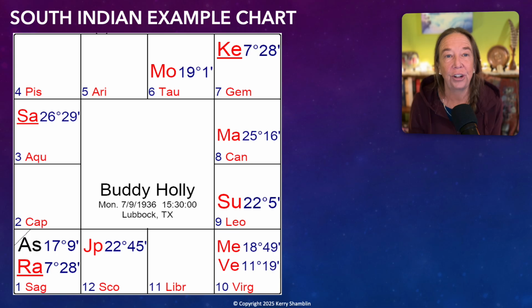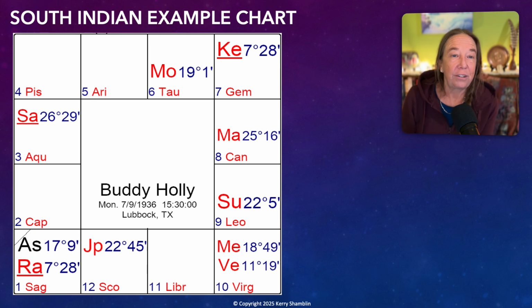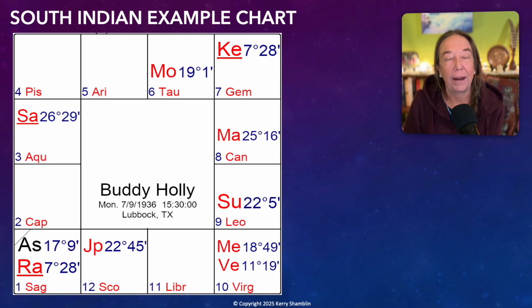In a traditional chart, a lot of things are implied, like all of the signs, but I've written them in there because we're learning. So Sagittarius, first house, he's got that. And then we would go around clockwise to see that the second house has Capricorn, the third house has Aquarius, the fourth house has Pisces.